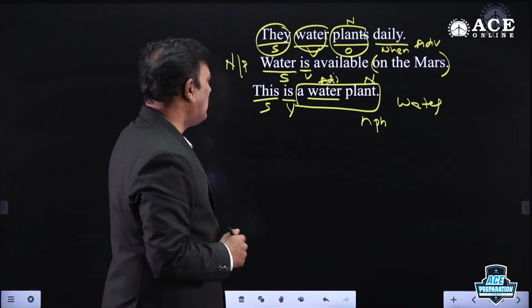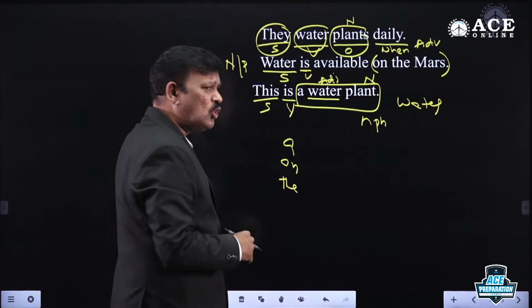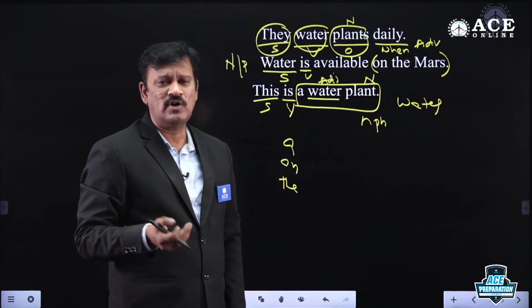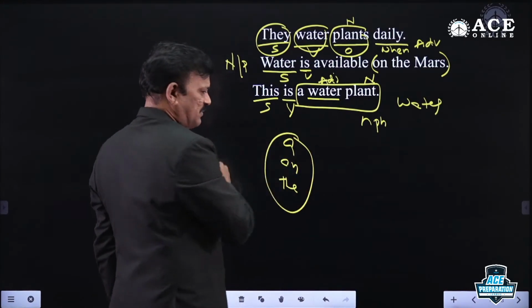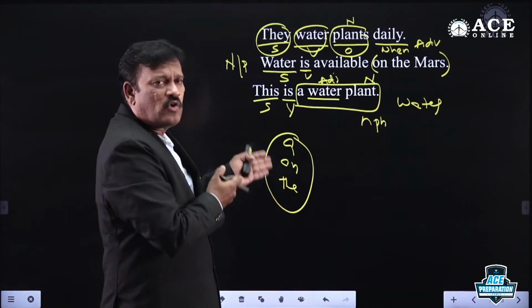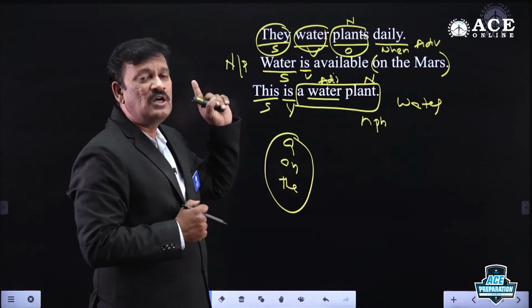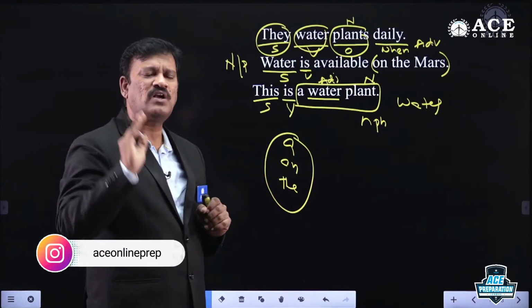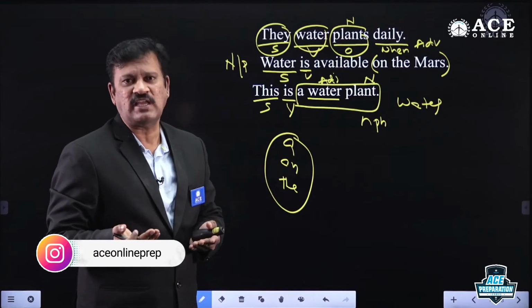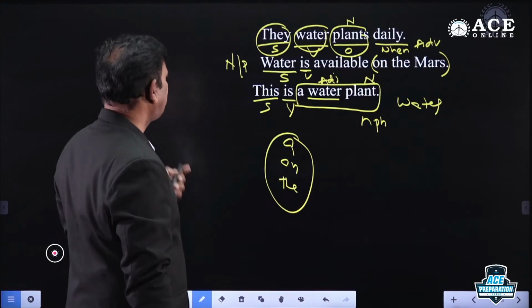Guys, interesting point: the A and the work like adjectives, but generally these are not called adjectives grammatically, whatever the reasons. We are only focusing on usage, how this particular word is being used. Don't have a fixed notion. Water, I know it's a noun, agreed. But how am I using it in a sentence? That matters here.